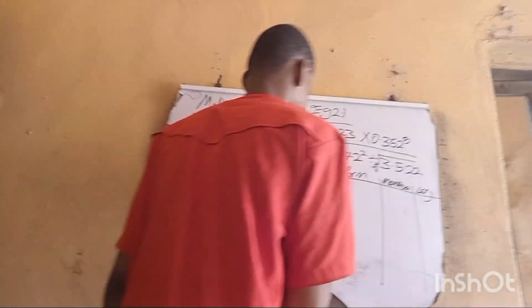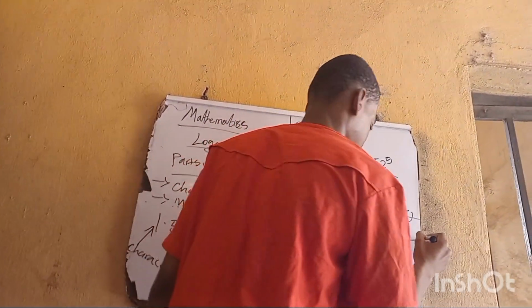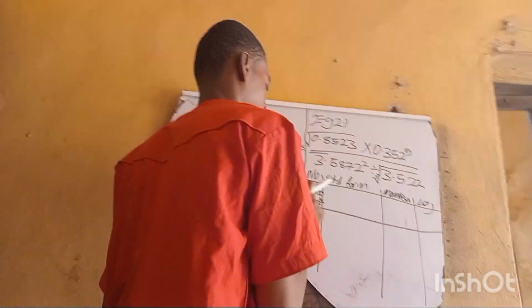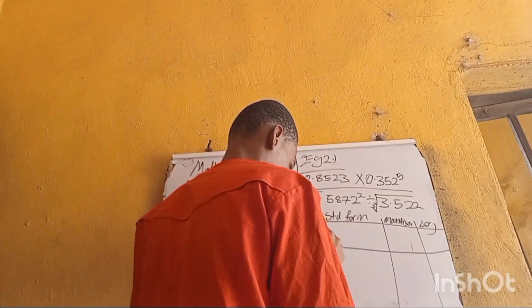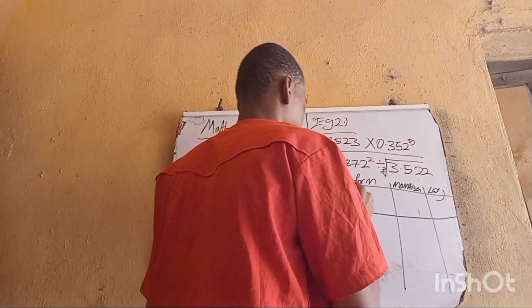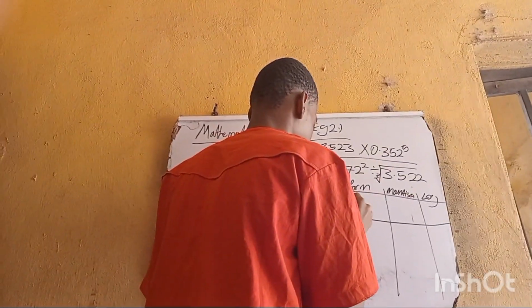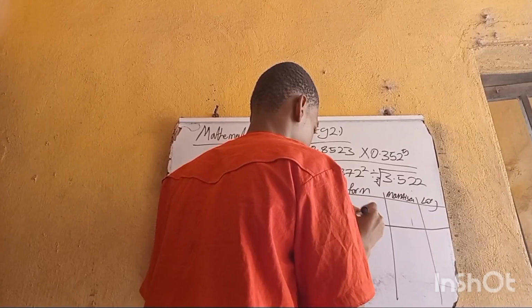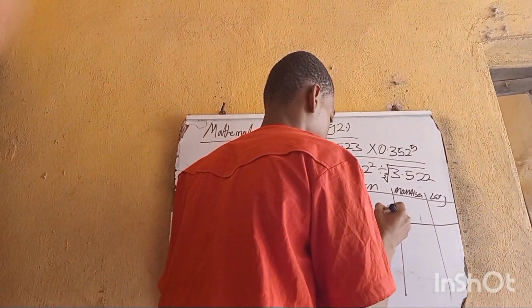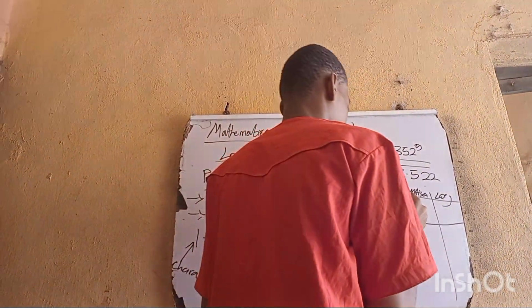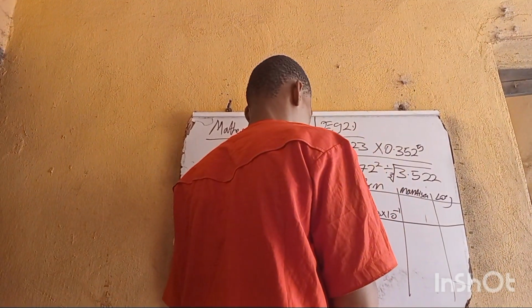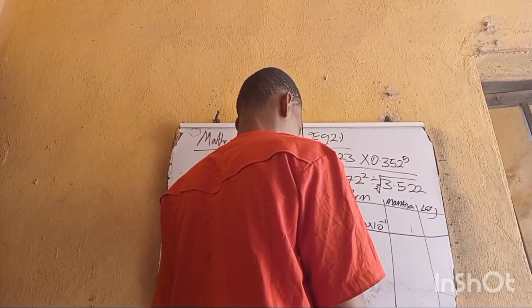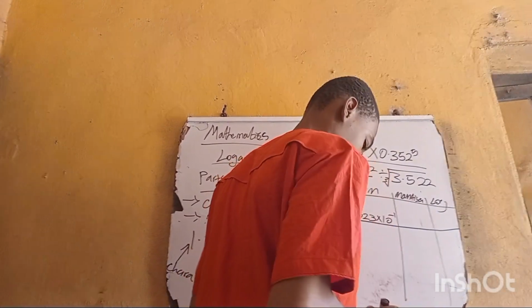Now, the standard form of this number is 0.8523 times 10 to the power minus 1, sorry, from here to here to the power 1.